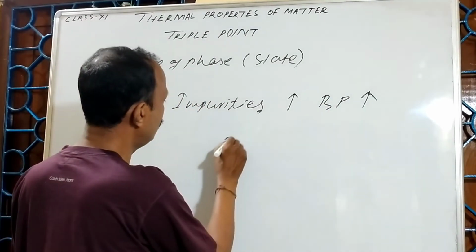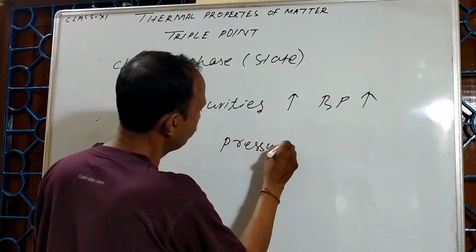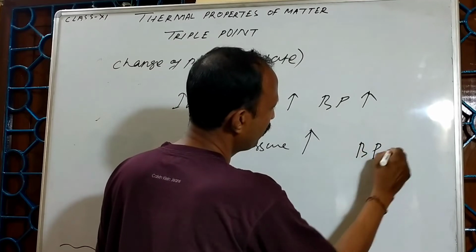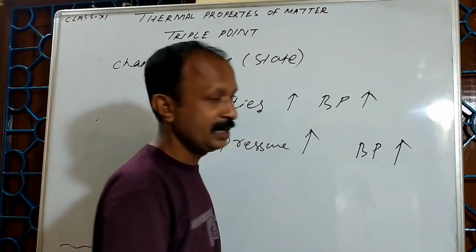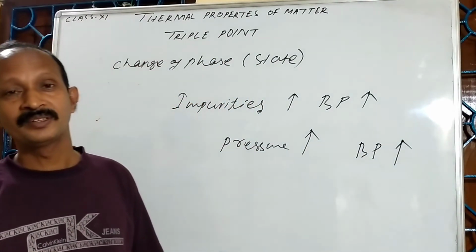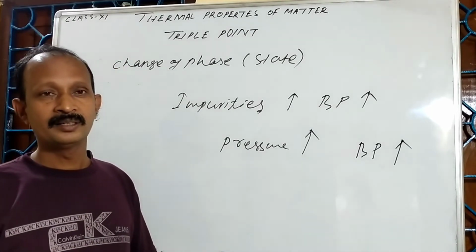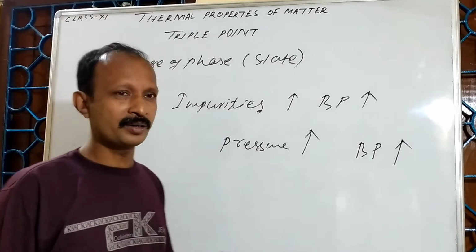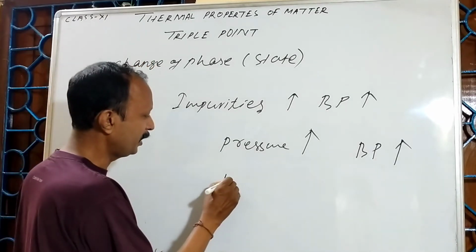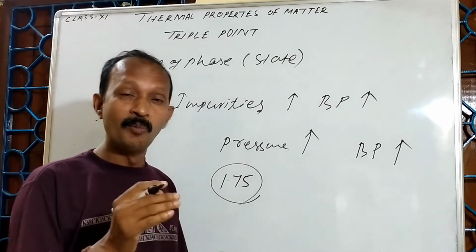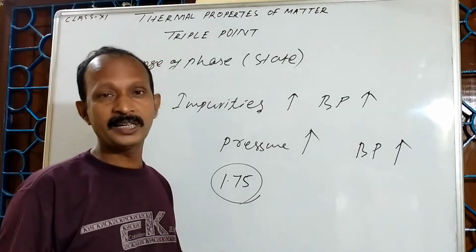What about the pressure? When pressure increases, boiling point also increases. You see that inside the pressure cooker, the pressure is more. Inside the pressure cooker, pressure is 1.7 times more than the normal pressure.